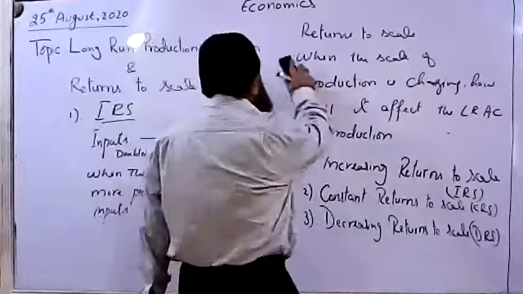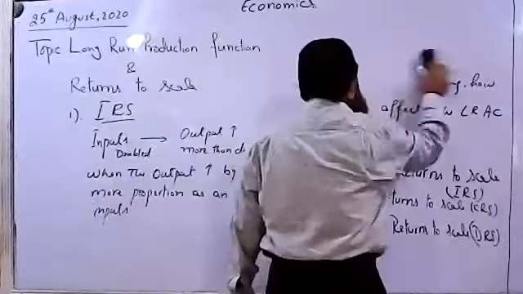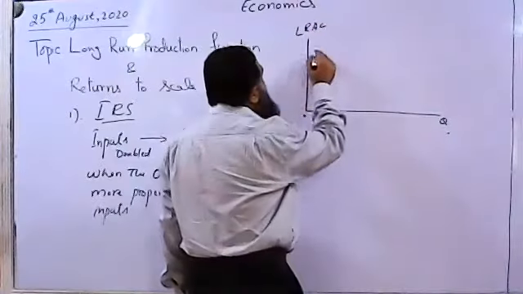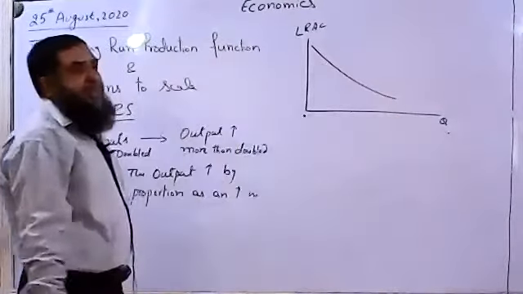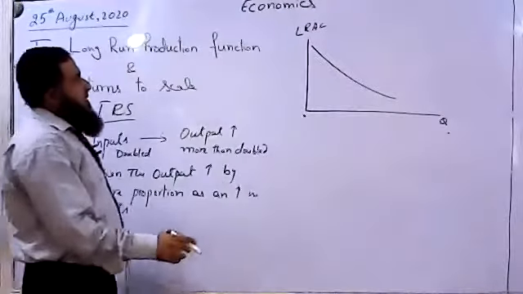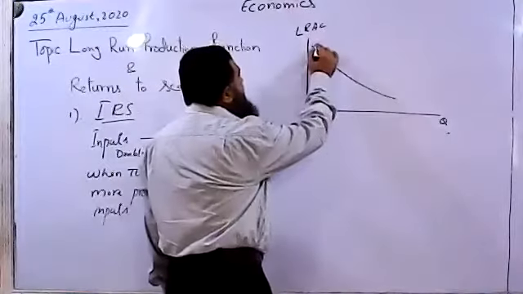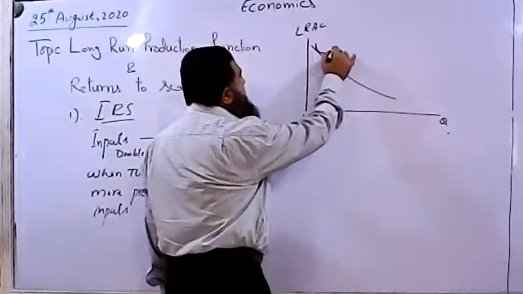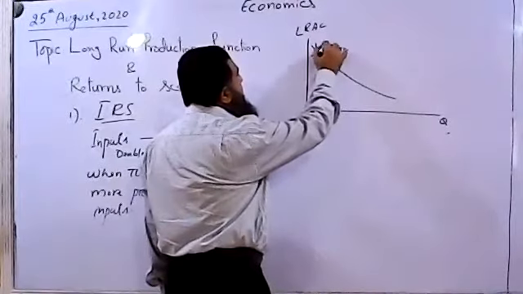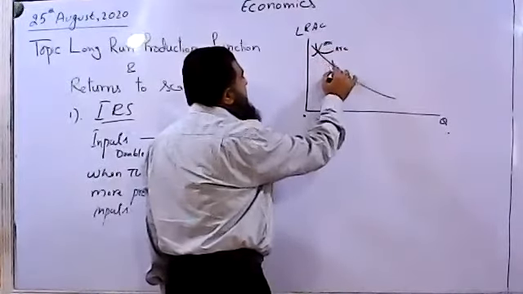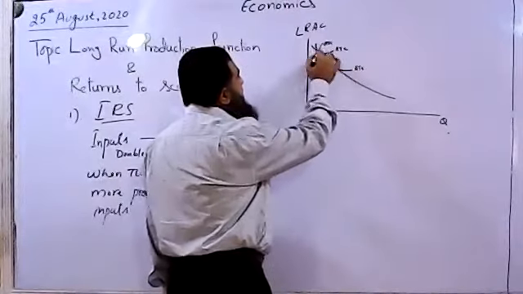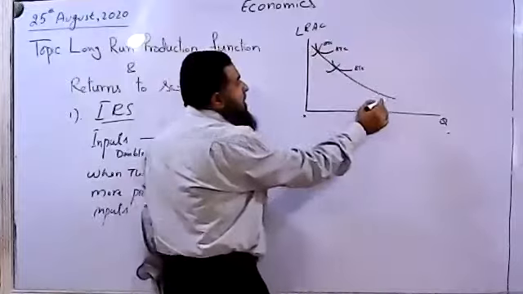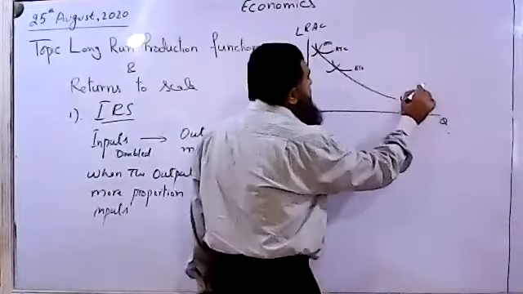So what happens when a firm is enjoying this? Its long run average cost starts declining. Previously, it was having a short run average cost in this case. So in the next year, when its long run average cost has further shifted downward, when we join these points, a long run average cost can be attained.